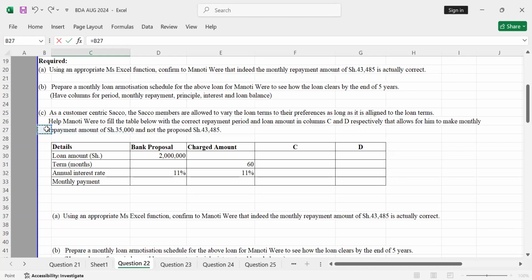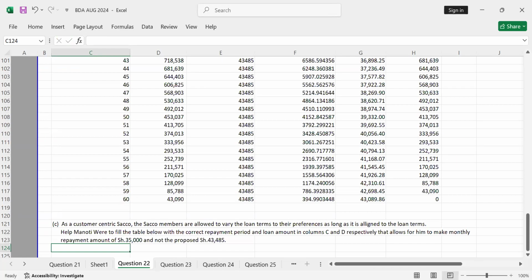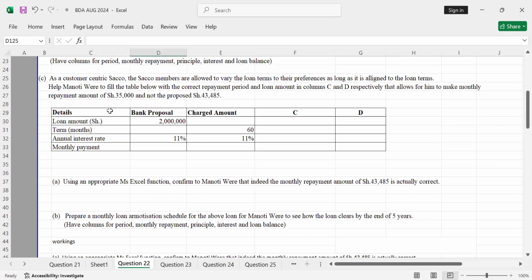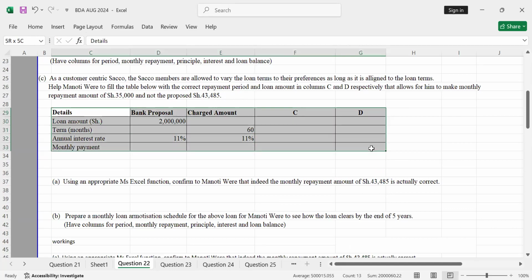Then we have this table, so let me copy the table here. So this is our table.